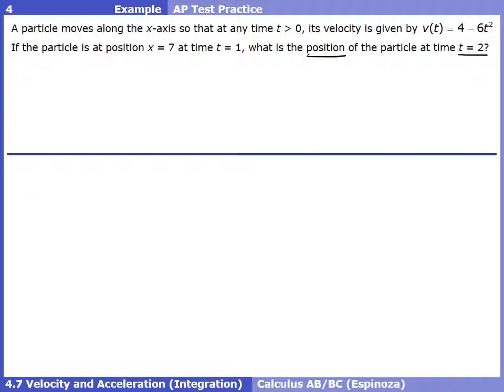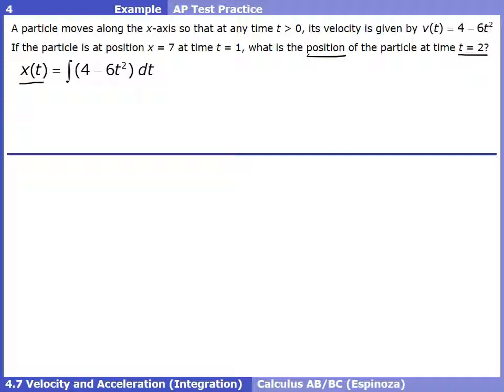Unfortunately, they don't give us that, but they do give us the velocity equation. And we know that our position equation is equal to the integral of our velocity equation. I'll refer back to the first slide to see that. Our position function, which is x, is given by the integral of our velocity equation. And that's really it. That's the major concept we have to apply here.